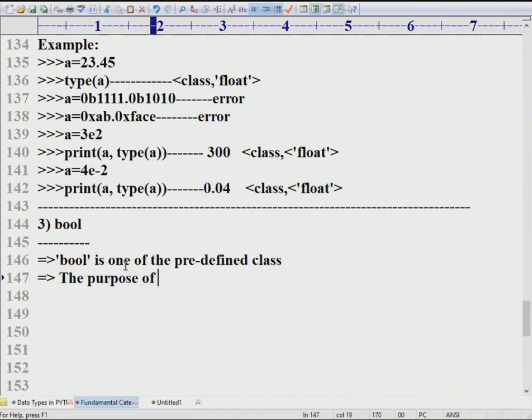The purpose of this data type is to store True and False values.